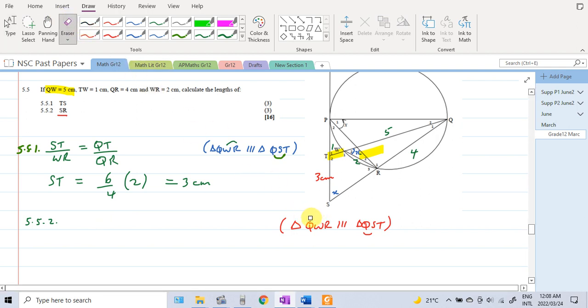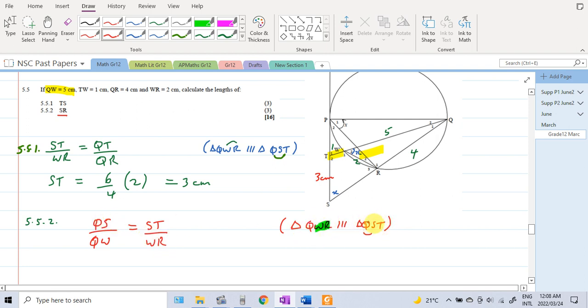We're taking QS over QW first. QS over QW is equal to ST over WR. We started with this first, then we went on to the second one.